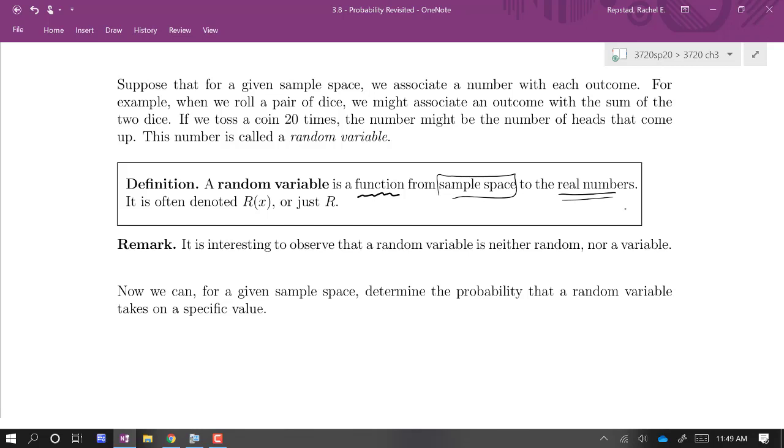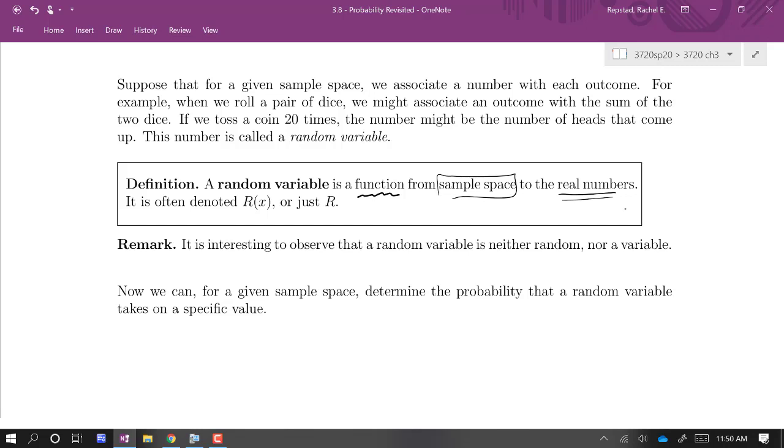Maybe it's winnings when we play a game of chance, right? We might associate an outcome with a certain number of winnings or losses. It is interesting sometimes to note that a random variable is neither random nor a variable. It's not a variable, it's a function. And it's not random. They're assigned in a very definite way. We know what a random variable is going to take on for a given outcome.